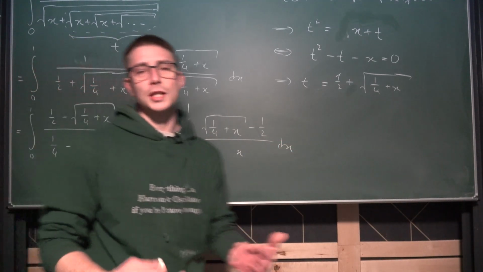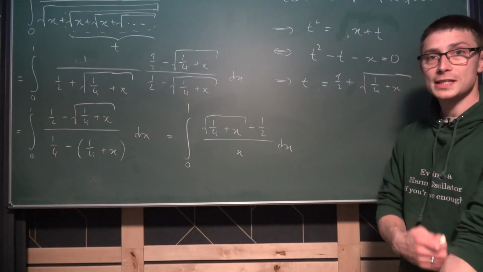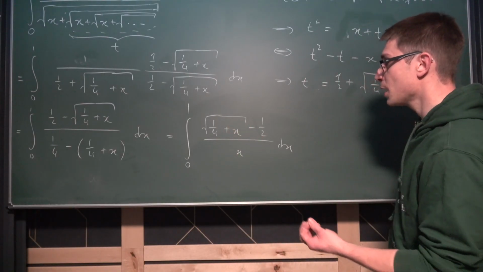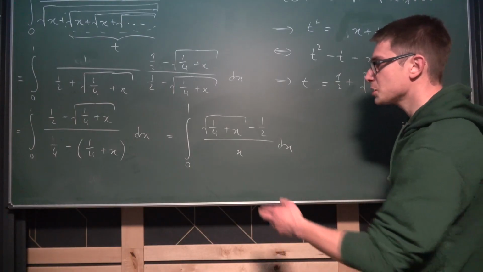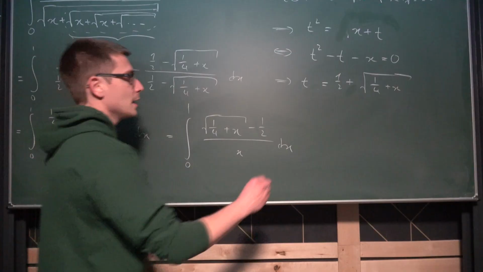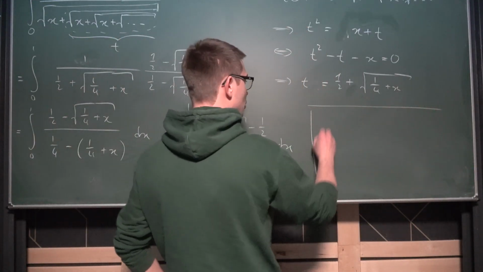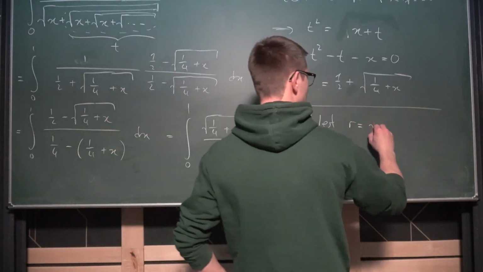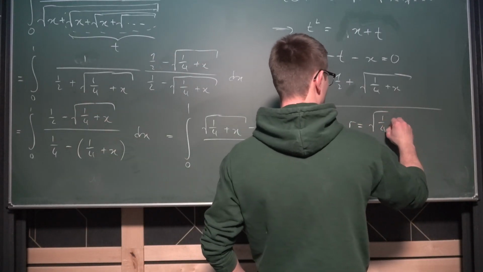And now it's actually rather easy to see where all of this is going. We need to get rid of the square root here. That's just simple algebra by using a simple substitution. So just let, we already used t, we are just going to say let r be equal to the square root of 1/4 plus x.